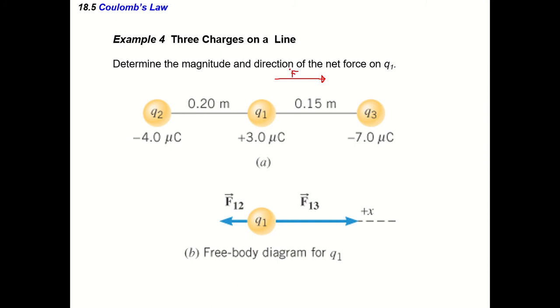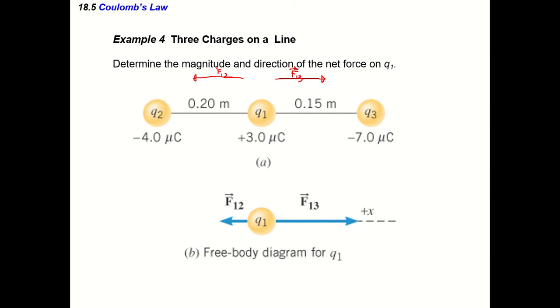The arrow above indicates it's a vectorial force from 1 to 3. Okay, and the force from 1 to 2, in this direction. So this is our F sub 1 to 2.